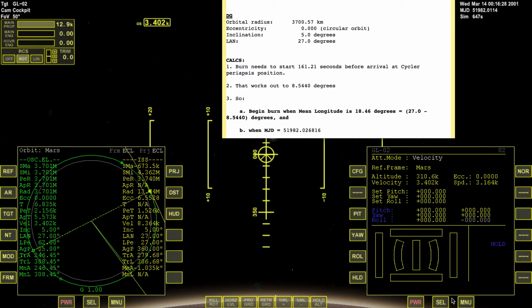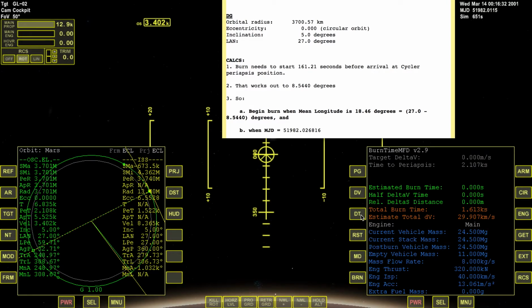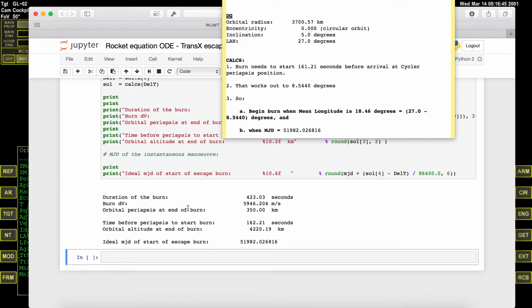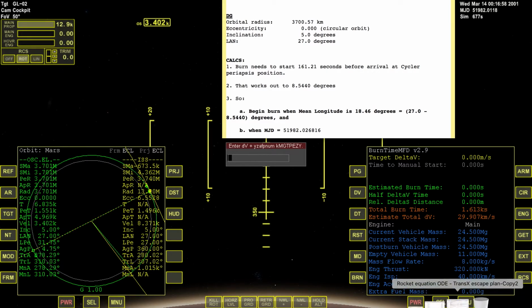Okay, the last thing that we really need to do is to set up the burn timing, and we're going to use Burn Time MFD for this. We're going to set the estimated burn time to the amount of time that we know this burn should take, which is 423.03 seconds. Now, I've done this scenario a number of times, so I'm just going to put in the DV amount, which is, I've forgotten it.